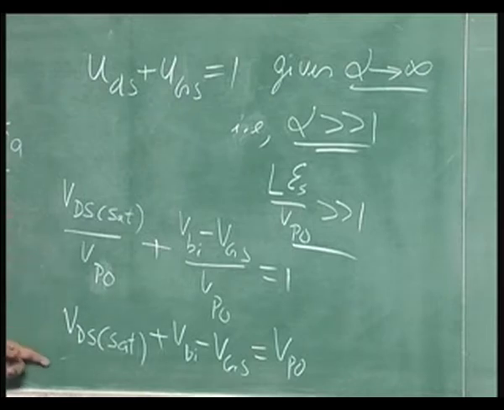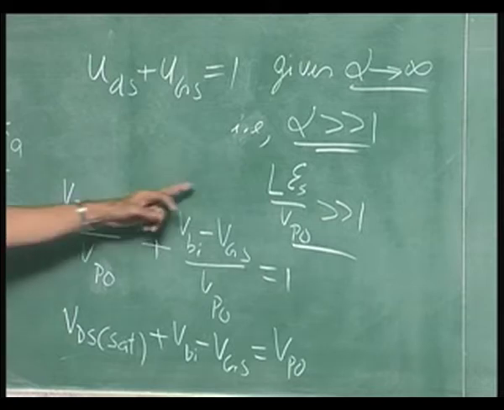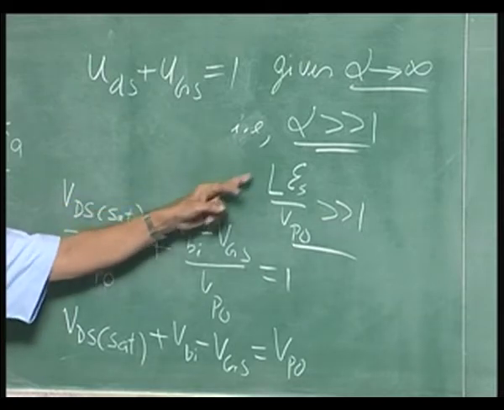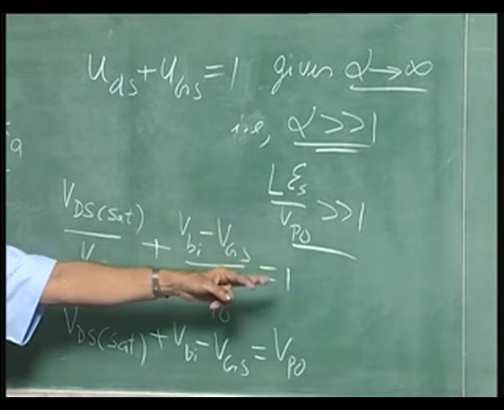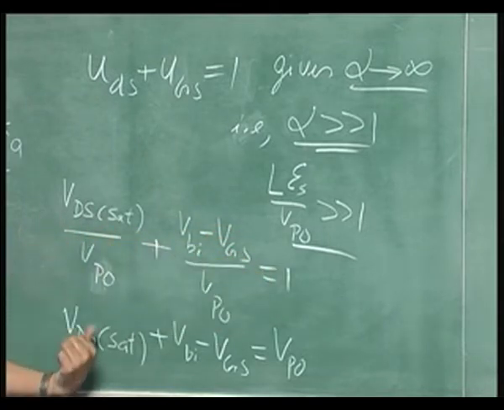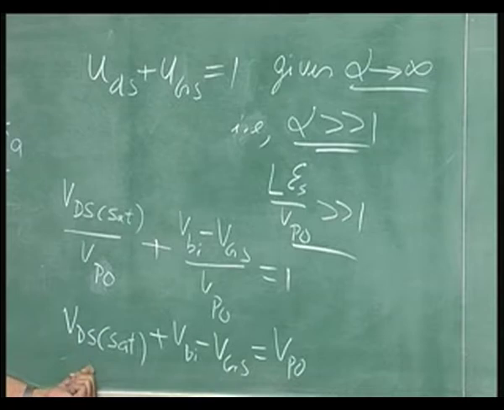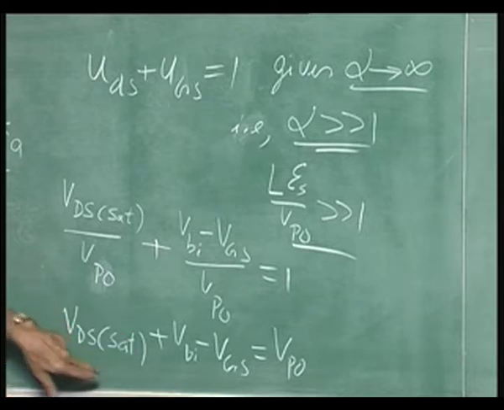That is the condition. So, what we are telling is, when alpha is very much large compared to 1, that is when LES by VP 0 is very much greater than 1, the saturation, velocity saturation takes place. That condition we have used, but when the velocity saturation takes place, this condition is satisfied.